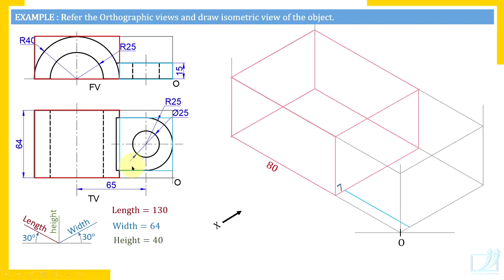So up to the right end this edge will be. So this is the length of the object. Width is 50. Then again length and width 50. This is how we have completed the base. From all four corners of the base, draw vertical edges each 15 millimeter and join top ends. Join top ends of these vertical edges 15 millimeter long and you will get the top surface.